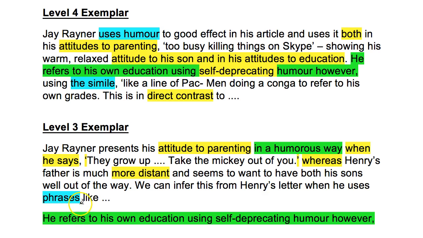And so phrases aren't particularly a technique, because everything's written with phrases really. So this candidate isn't getting into the 4 because they're not writing about particular techniques consistently. Yes, they're writing about humour, so they're getting the mark, and they're also writing about phrases, which is a kind of cheat way of getting into the level 3.